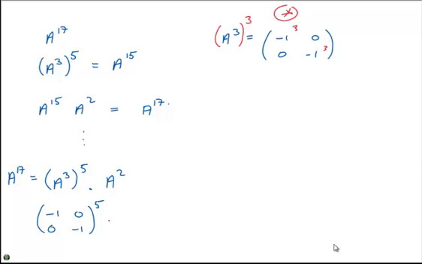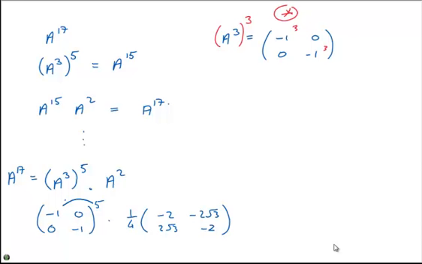And A squared is a quarter times the matrix minus 2 root 3, 2 root 3, minus 2.